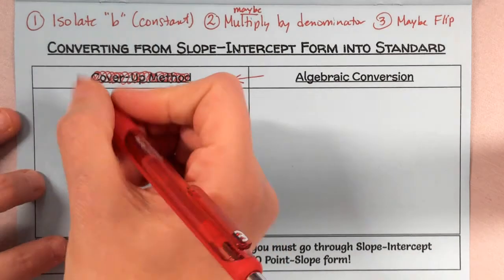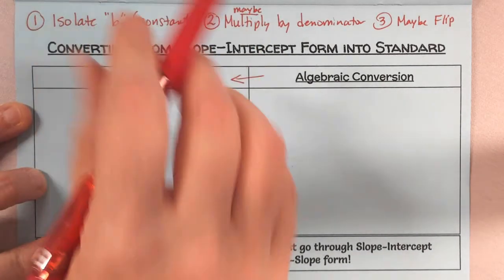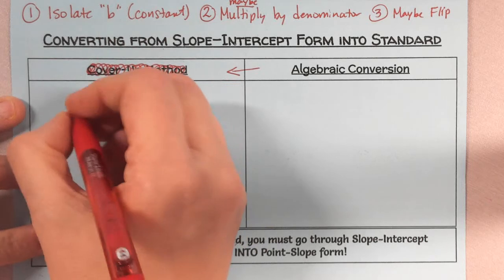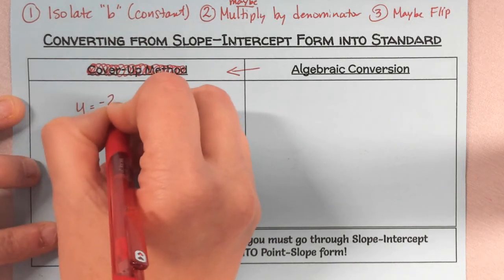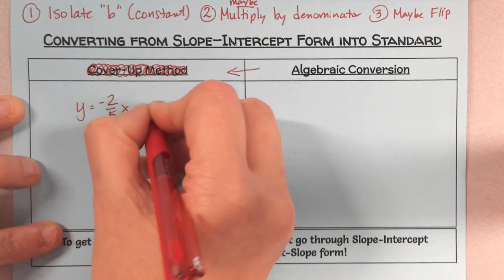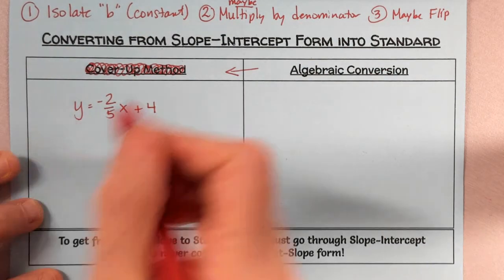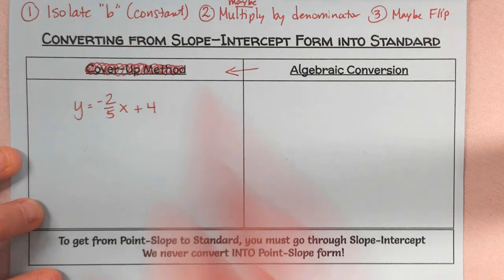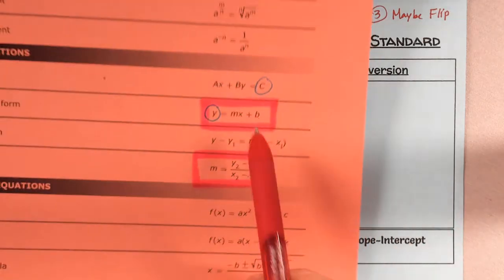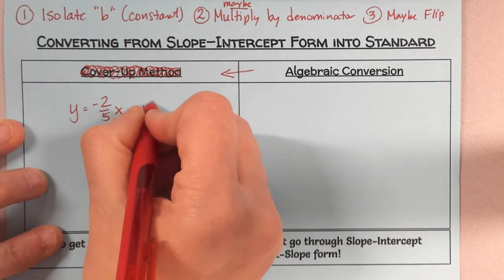Okay, so the first one is the exact equation we were using up here. Y equals negative 2/5 x plus 4. Okay, so we're going to convert this back into standard form. So the first step is to isolate my constant because remember, in standard form, the constant is by itself. So I want to get this constant.